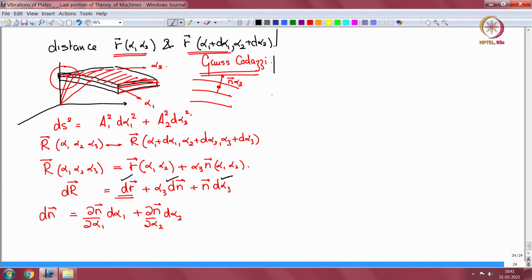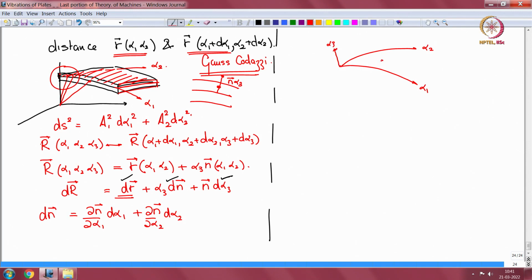Now, I will just clarify one thing pictorially. So, if we say that this is my alpha 1 and this is my alpha 2 direction, this is my alpha 3 direction, okay, and let us say I am looking at a point here.